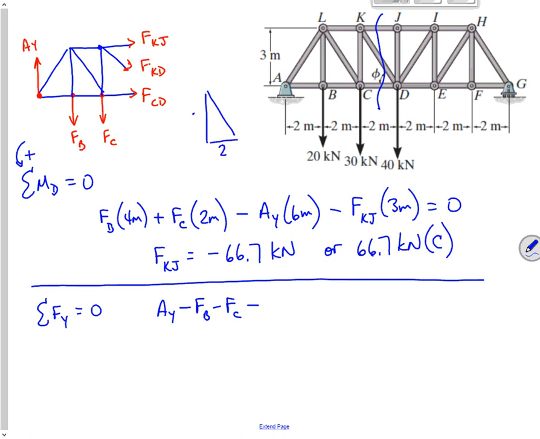This is 2, this is 3, so this other side is square root of 13. So the y component of this is going to be 3 over the square root of 13 times FKD, and that has to be equal to 0. Solving for FKD, I get 8.05 kilonewtons. Because that's positive, that means it's in tension.